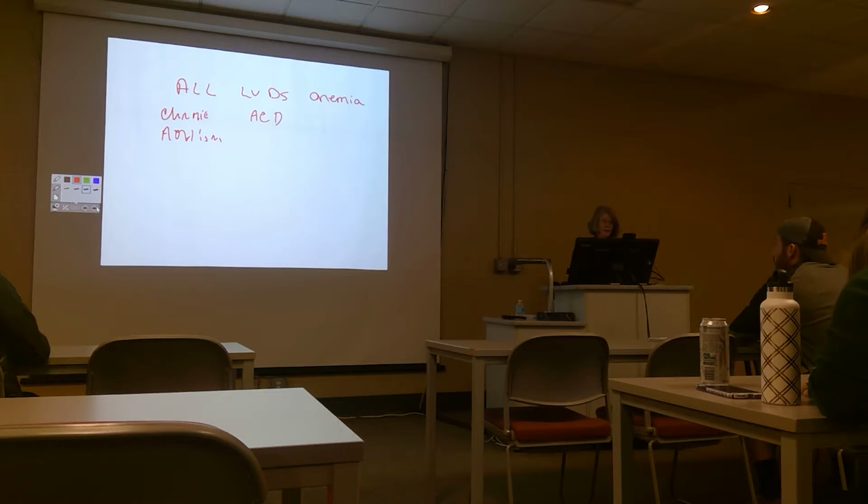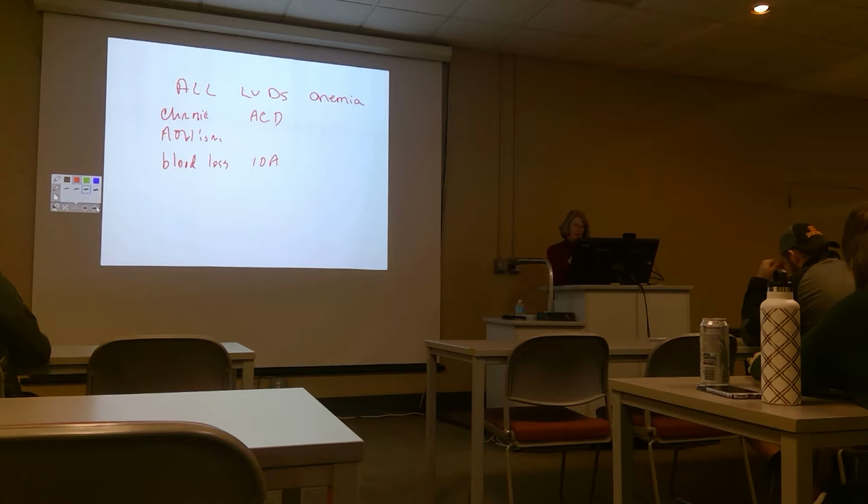You can have B12, you can have folic acid, you can have whatever you want. If you have blood loss because you're throwing up blood because you have portal hypertension, you're going to get iron deficiency. So, point is, almost all people with liver disease are going to have some anemia, but which one they get depends on the pathology.